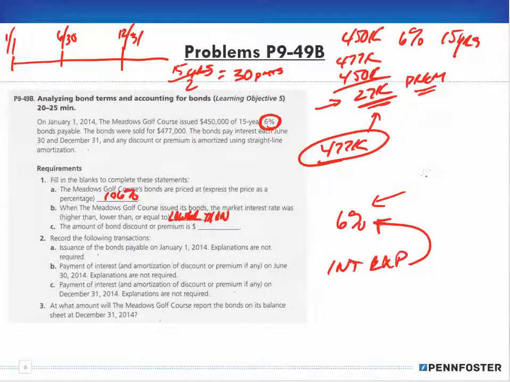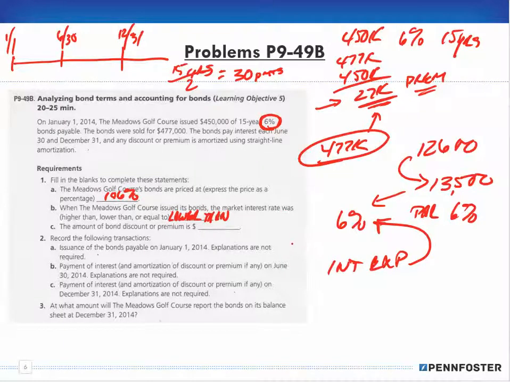Let me look at the solution. It says the interest is going to be $13,500, and that's at 6%, that's par. But when we take away the amortization of the premium, our interest expense is $12,600, which is less than the $13,500. So that's where that's coming from.